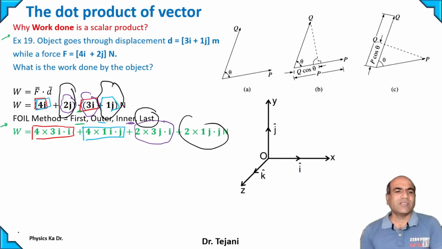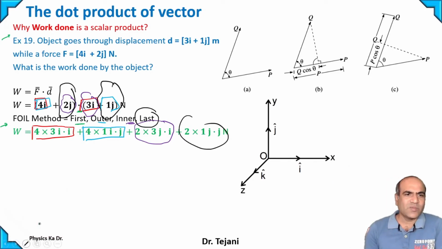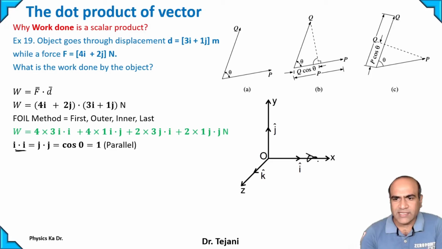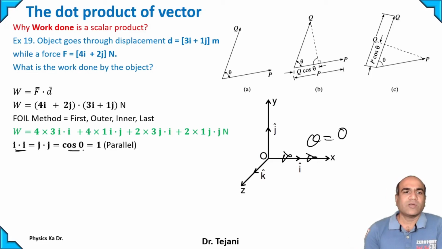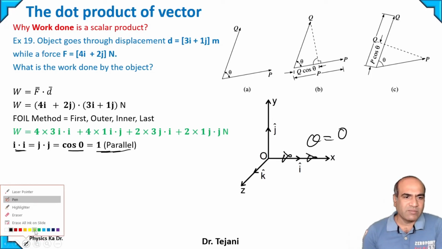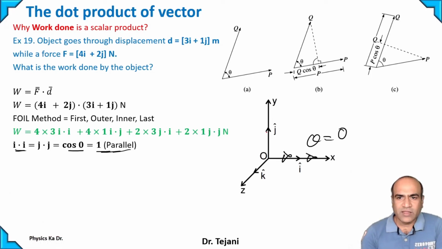We know this method, we had this method previously also. And we know that i multiplied by i, that means the same axis, in the similar direction, theta becomes 0 and cos 0 is equal to 1. Right. So only i dot i becomes 1, but if it is i dot j, theta becomes 90 degrees and cos 90 becomes 0.